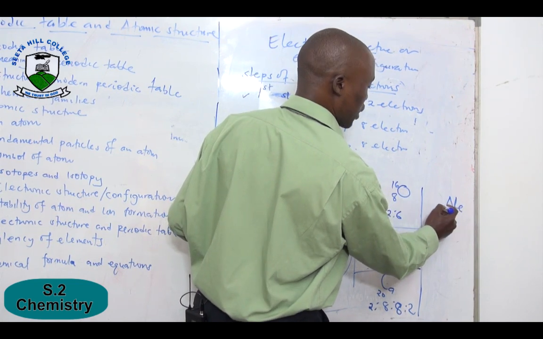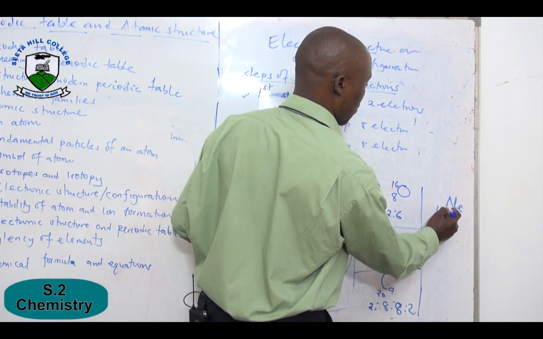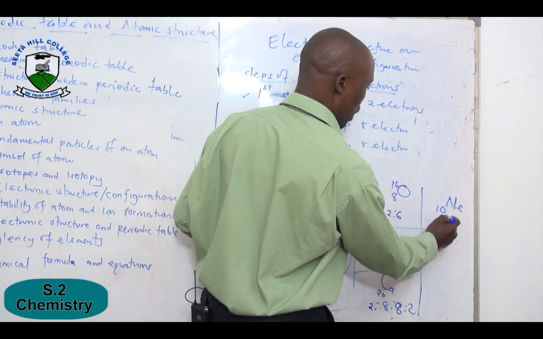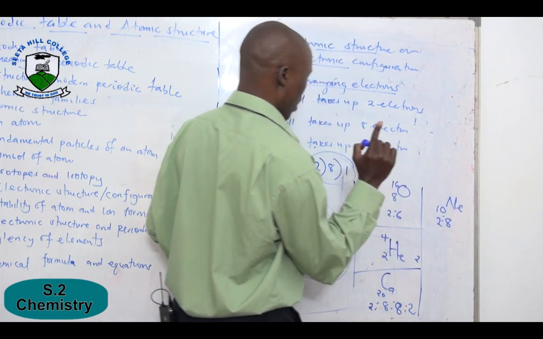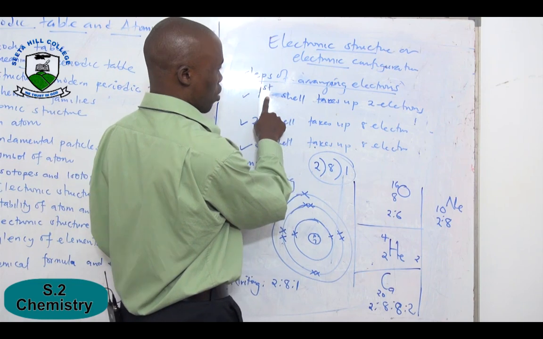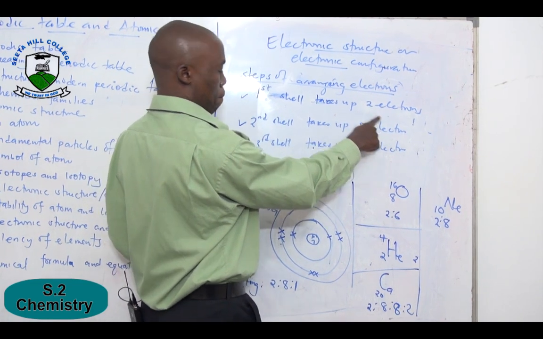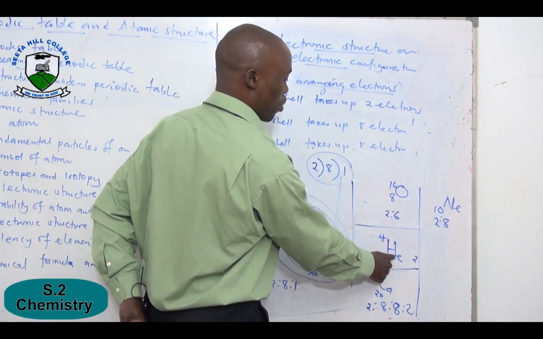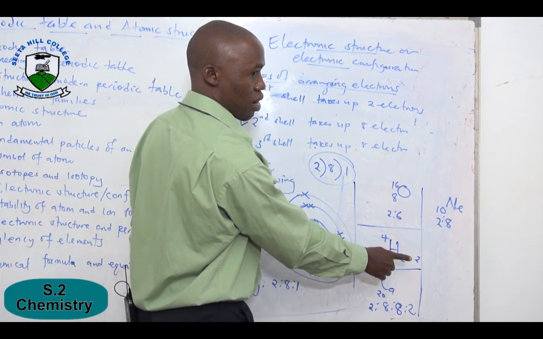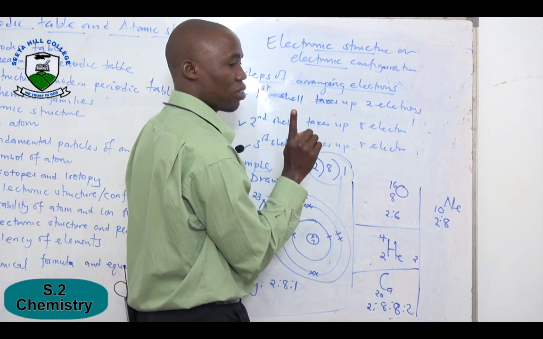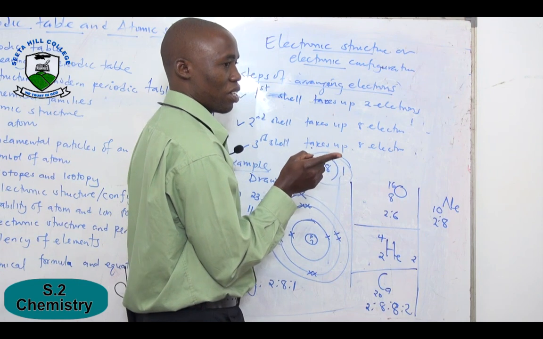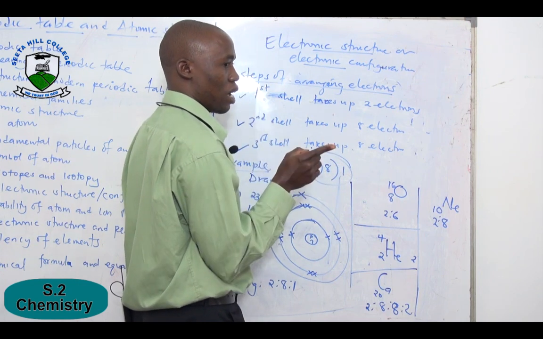Neon is 10. What would you write? 2, 8. The first shell has 2. Helium had only 2. Since it has no more electrons and it only has 1 shell, it is stable at that point.